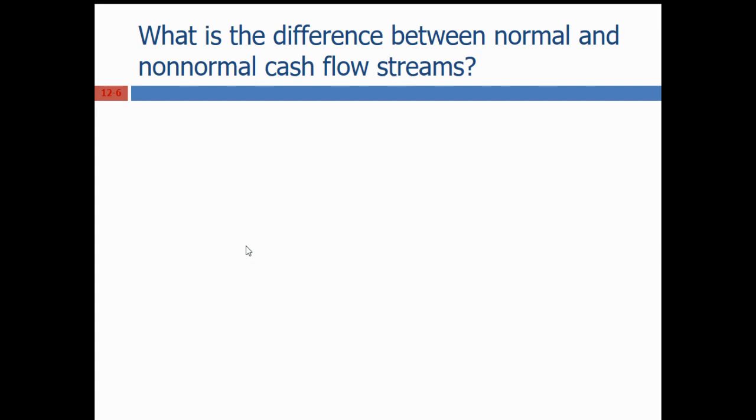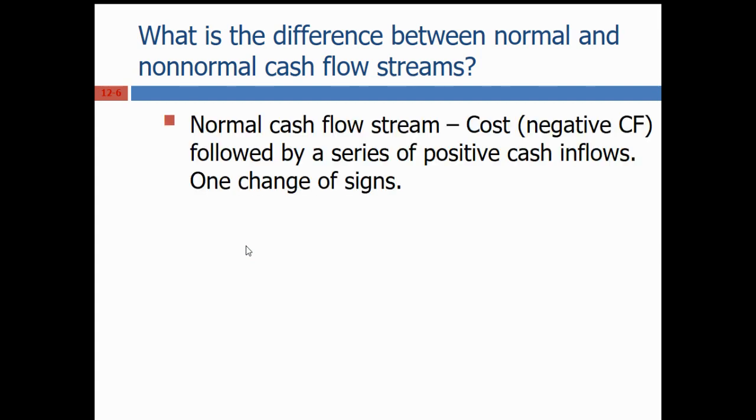Then you have normal cash flows and non-normal cash flows. Normal cash flow streams usually have the cost at the beginning of the project, and then it continues with a series of positive cash inflows.